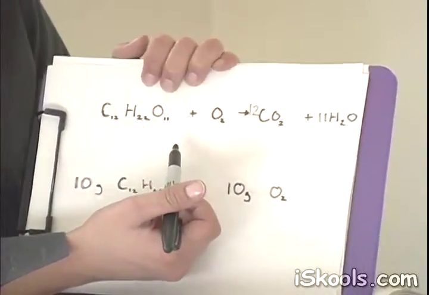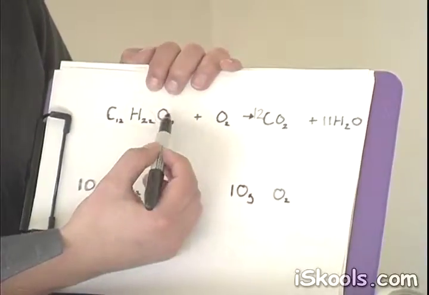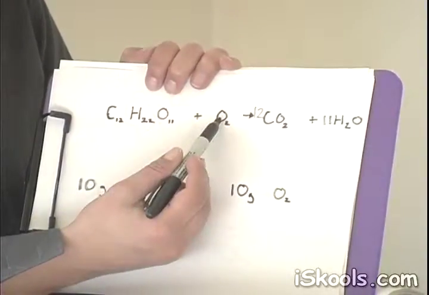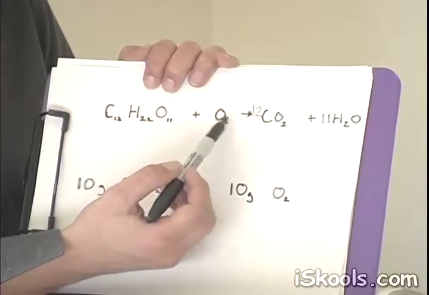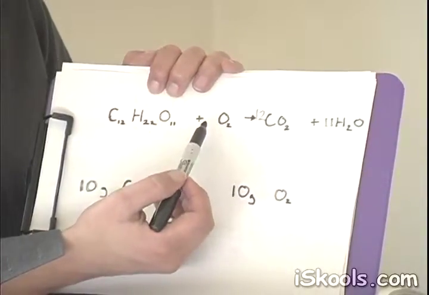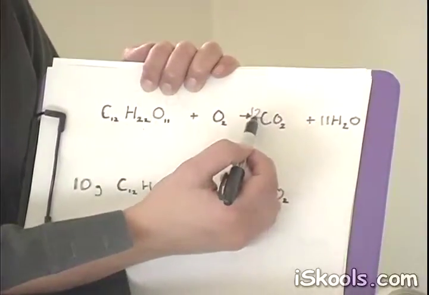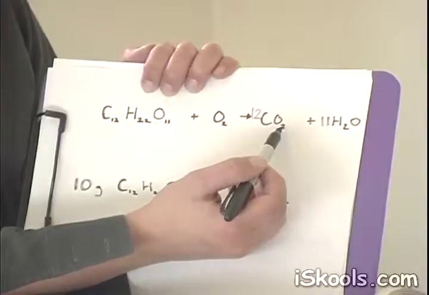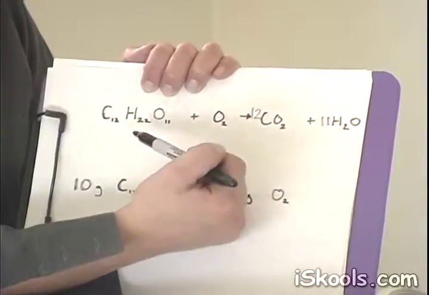Now the oxygens would be a little bit more complex, because we have 11 of them here, and we have 2 here, which would create a total sum of 13. Whereas here we have 11, and then we have 12 times 2, which is 24. So we need this side to equal the other side.